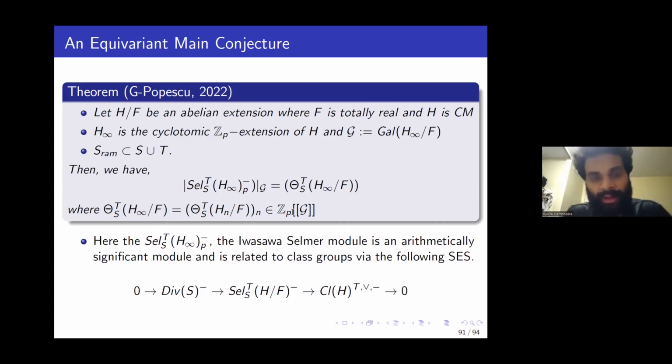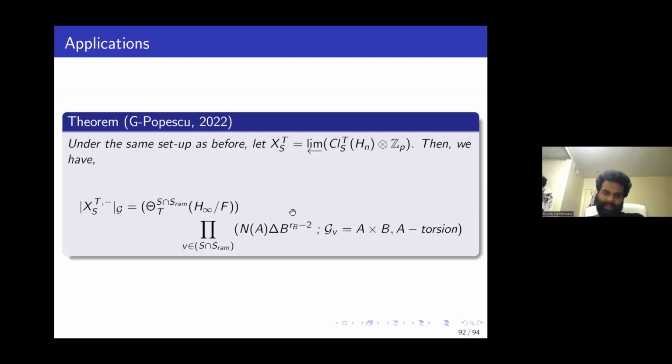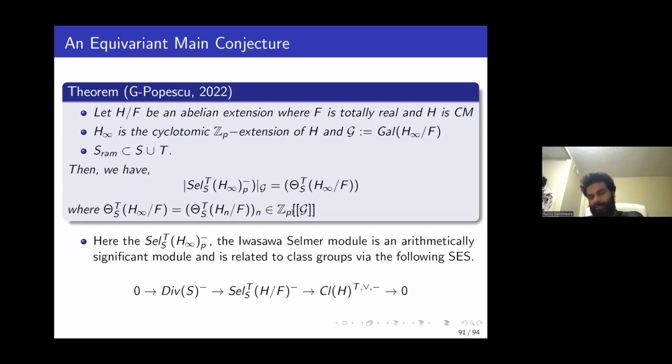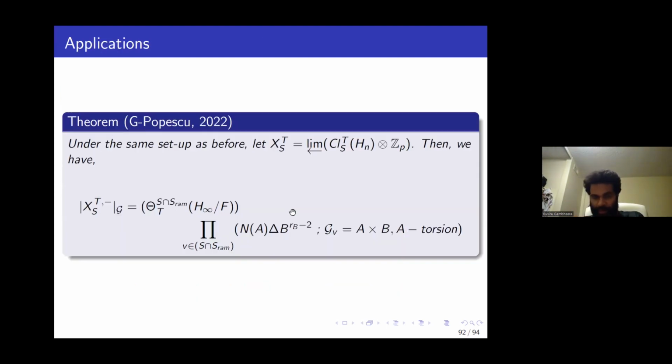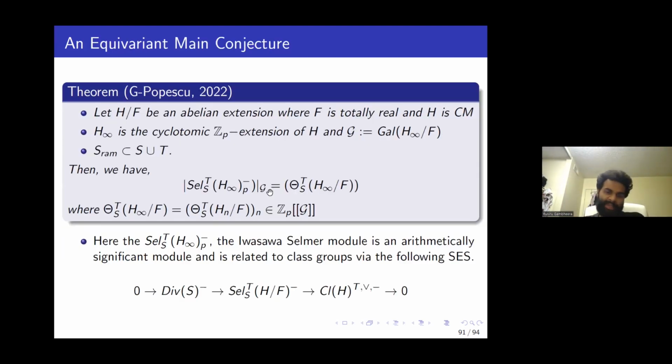But I will mention one of the applications, which is not a direct application, which is this one. I should briefly mention how we got here. This is happening at the top of the Iwasawa tower.